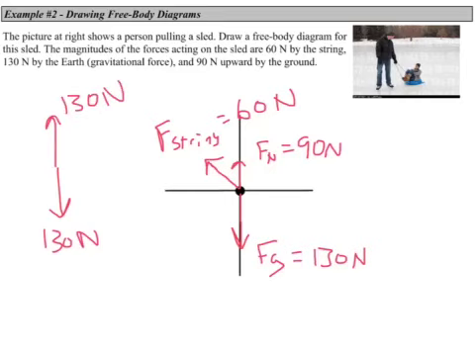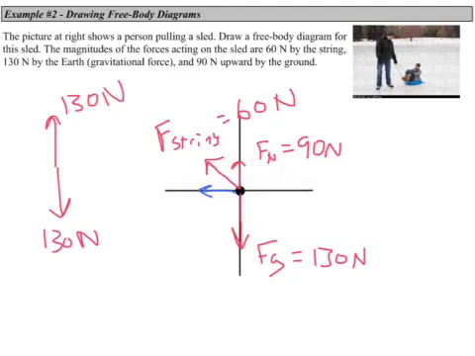So why is it that this normal force decreases when we add the pull? Think about that. The reason is, when we add this pull in, this pull happens at an angle, right? So it's got components of its force.